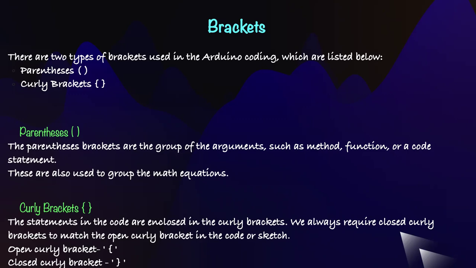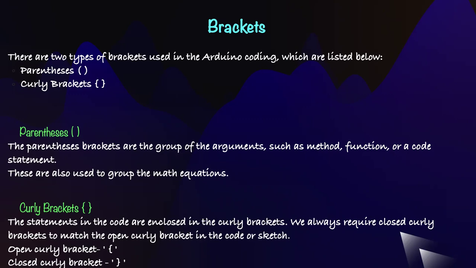That's the very basic rule of any kind of language you do, any kind of programming you do. So whenever you are opening a curly bracket, simultaneously you close the curly bracket. Then you can press enter, or then you can write the lines of code inside it.